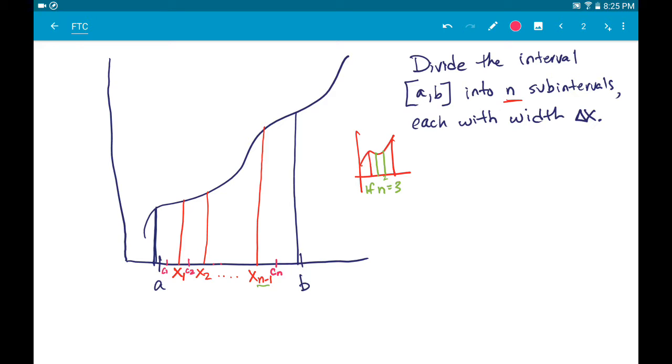And the reason these are going to be relevant is we're going to let C1, C2, C3, C4, all the way up to Cn be the C's in the mean value theorem.